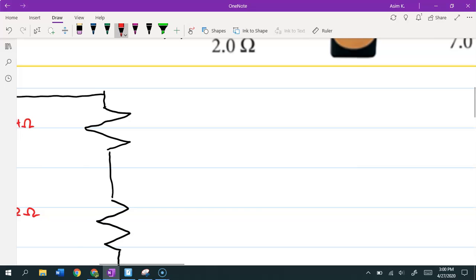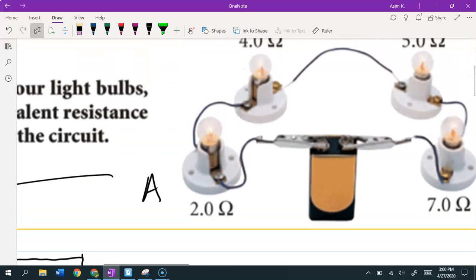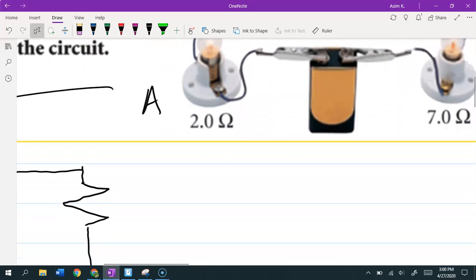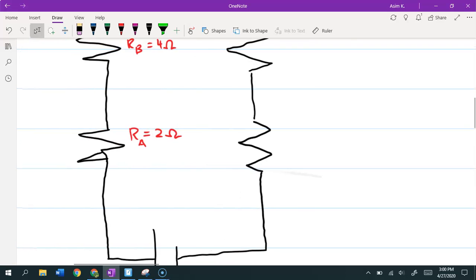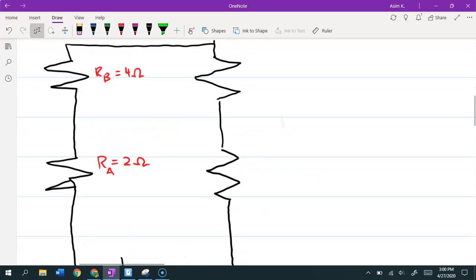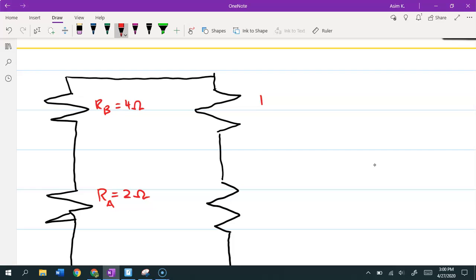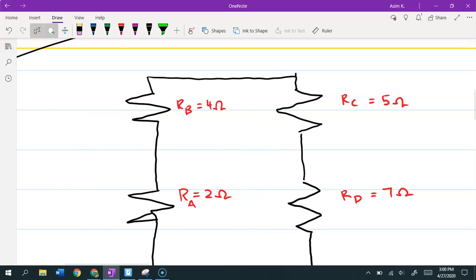Then it's going to flow to resistor C, which is 5 ohms, and the last one, resistor D, is 7 ohms. So notice that the bulbs behave like resistors.